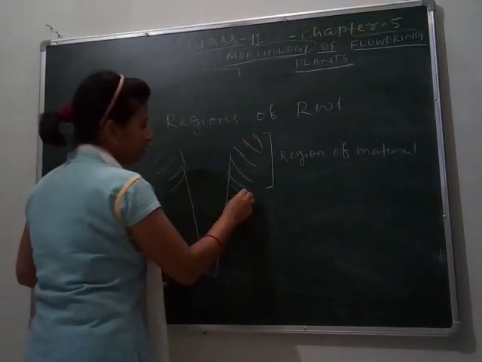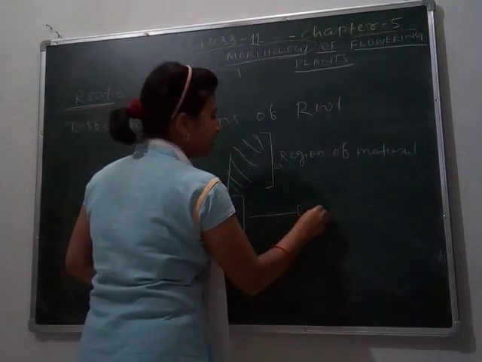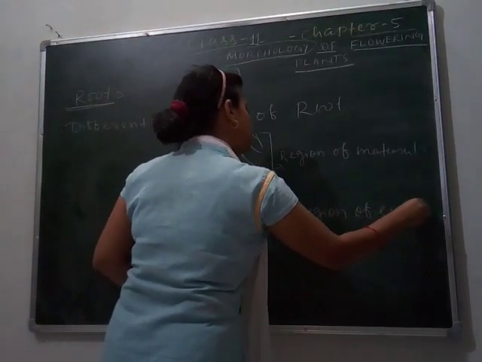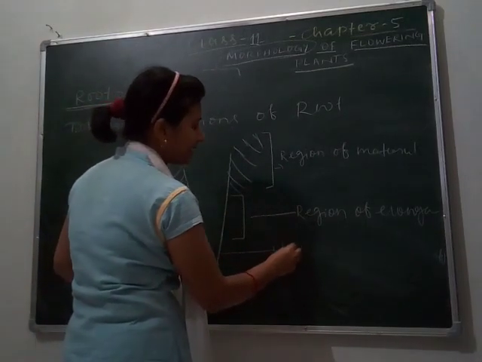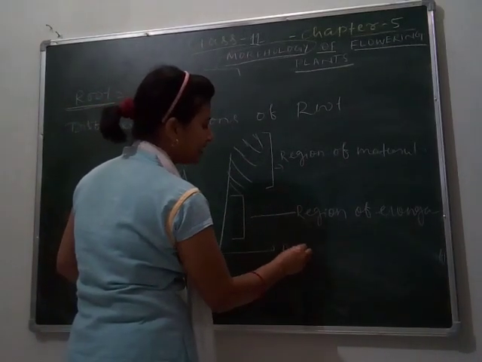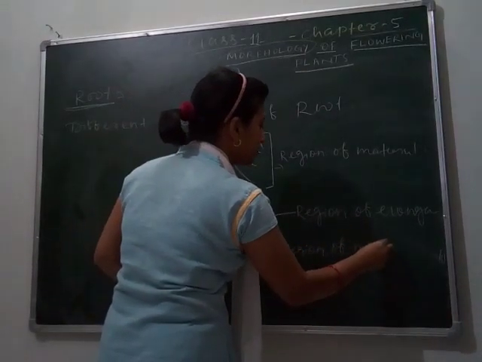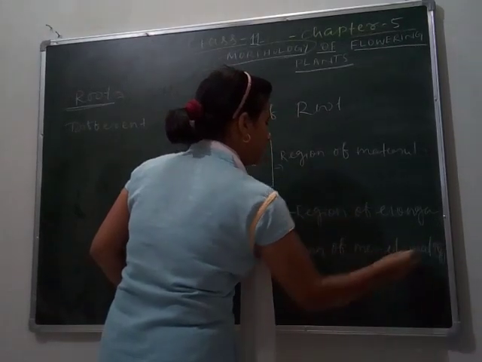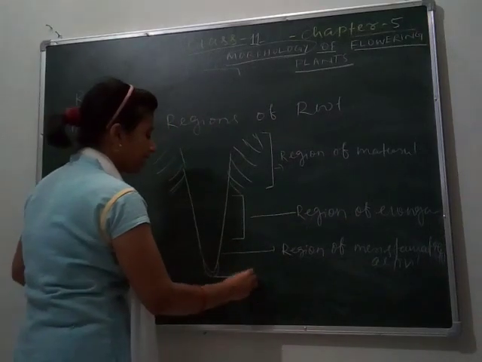This part is your region of elongation. This part is the region of meristematic activity, and this is the root cap.